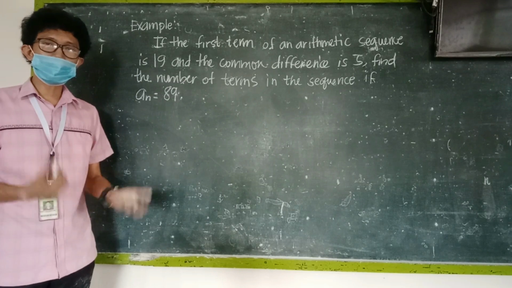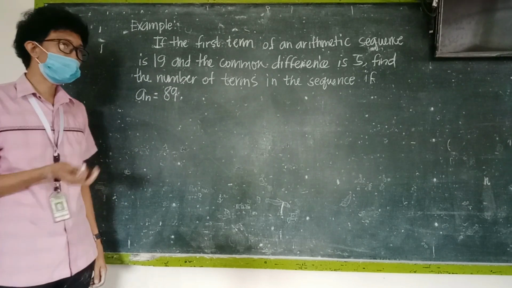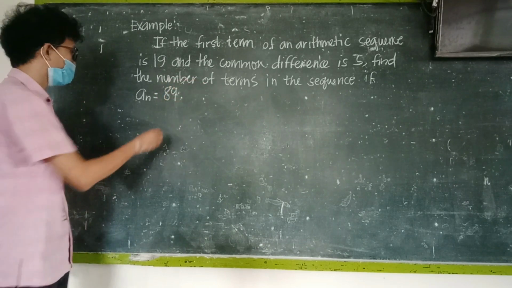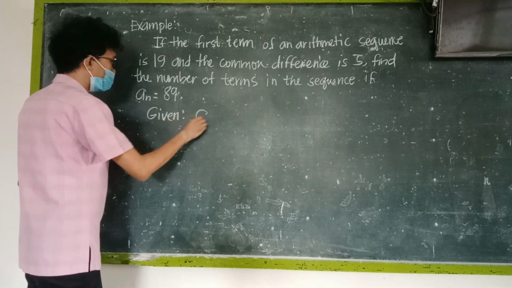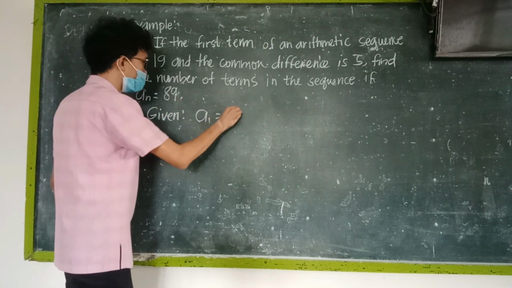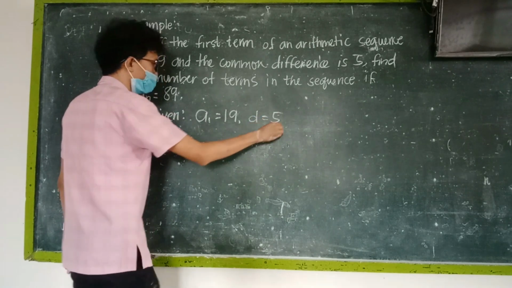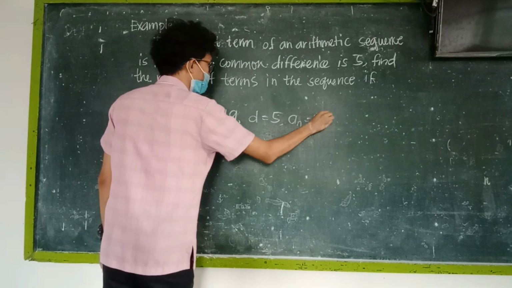So, kanina ang hinahanap natin is D. Ngayon, we will find out kung ano naman ang hinahanap using the given in the problem. So, given natin, we have a sub 1 is equal to the first term, which is 19. The common difference given is 5. And ang a sub n natin is 89.